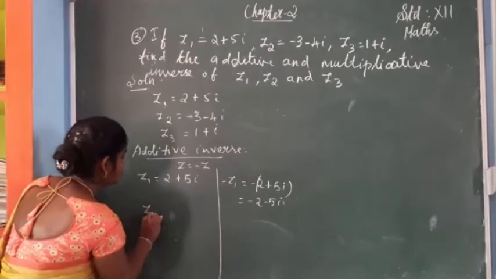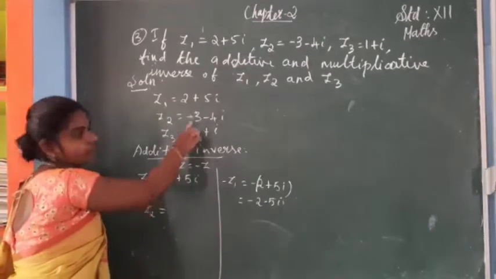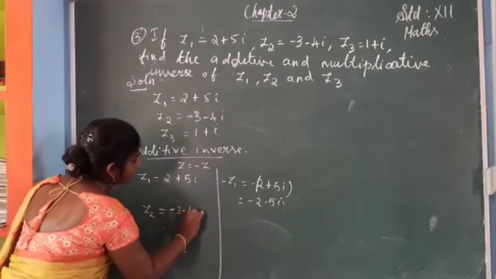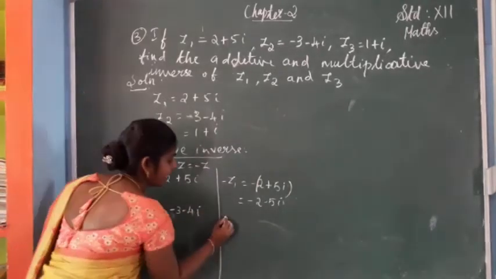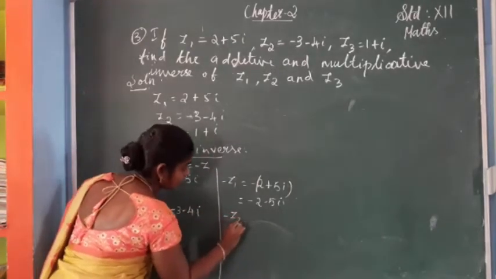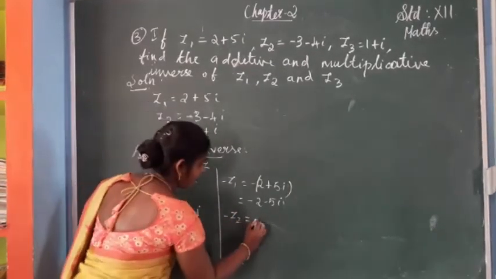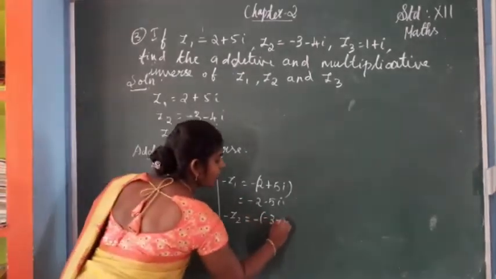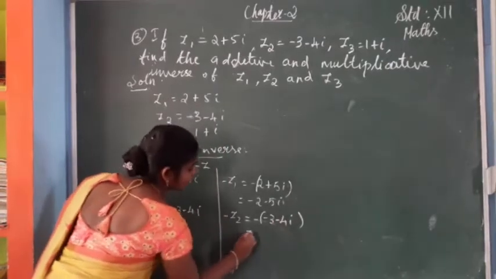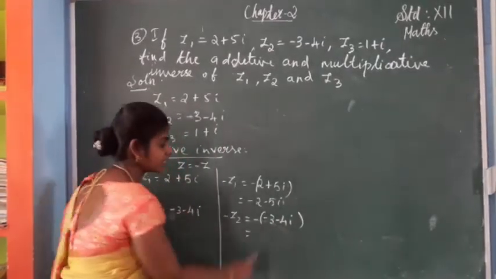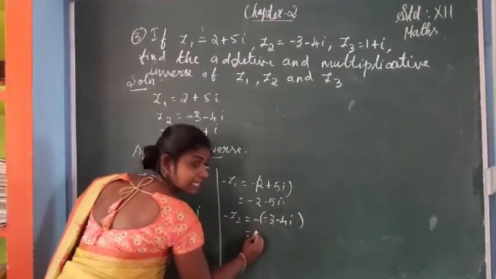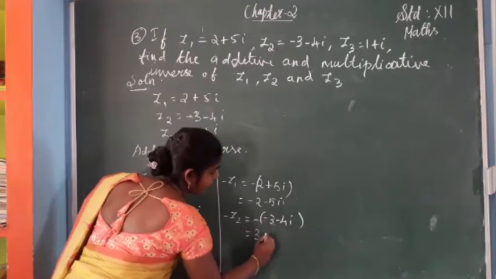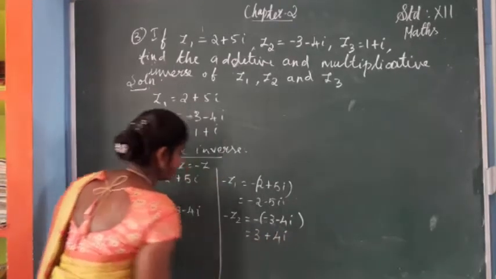Next, Z2, what is the value given? Minus 3 minus 4i. So the additive inverse, minus Z2, is equal to minus of minus 3 minus 4i. That's equal to multiplying the minus inside: minus into minus is plus 3, minus into minus is plus 4i.